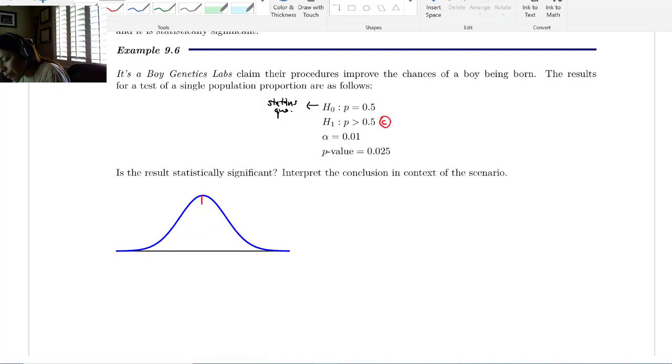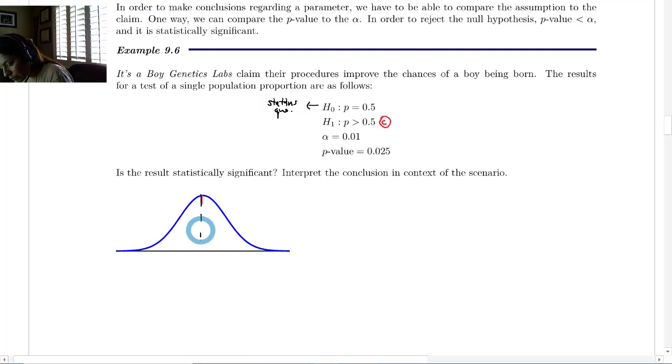So in this case, our population parameter is 50%, so that's our p, which is 0.5. And the p-value is 0.025, the area on the right. Okay, and so now what we need to determine is where is the alpha in this case?